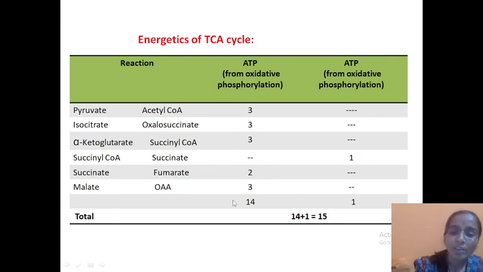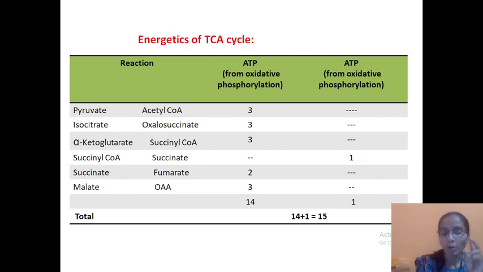So overall, 14 ATP from the oxidative phosphorylation steps and 1 ATP from the substrate level phosphorylation: 14 plus 1, that is 15 ATP per pyruvate. There is a synthesis of 15 ATP per pyruvate molecule.